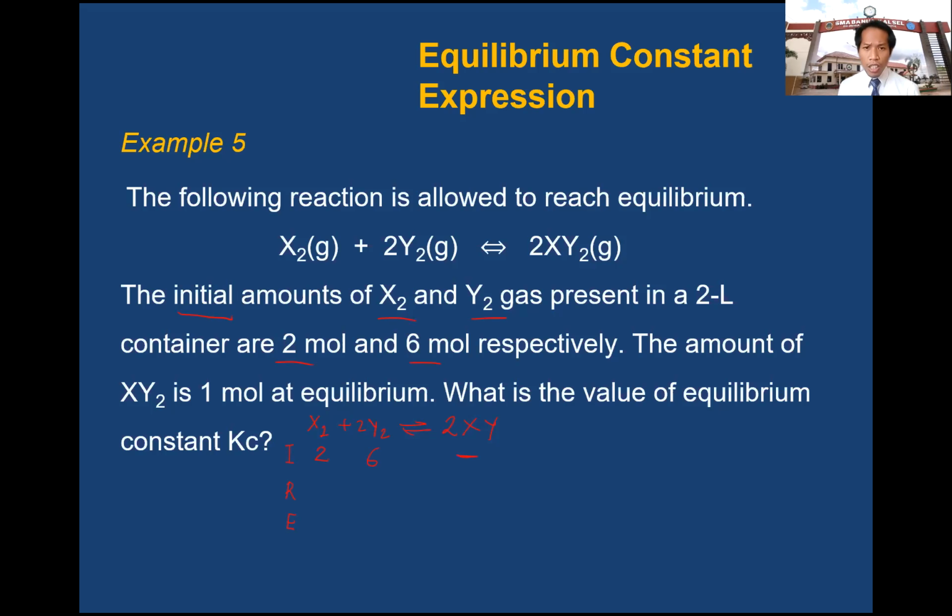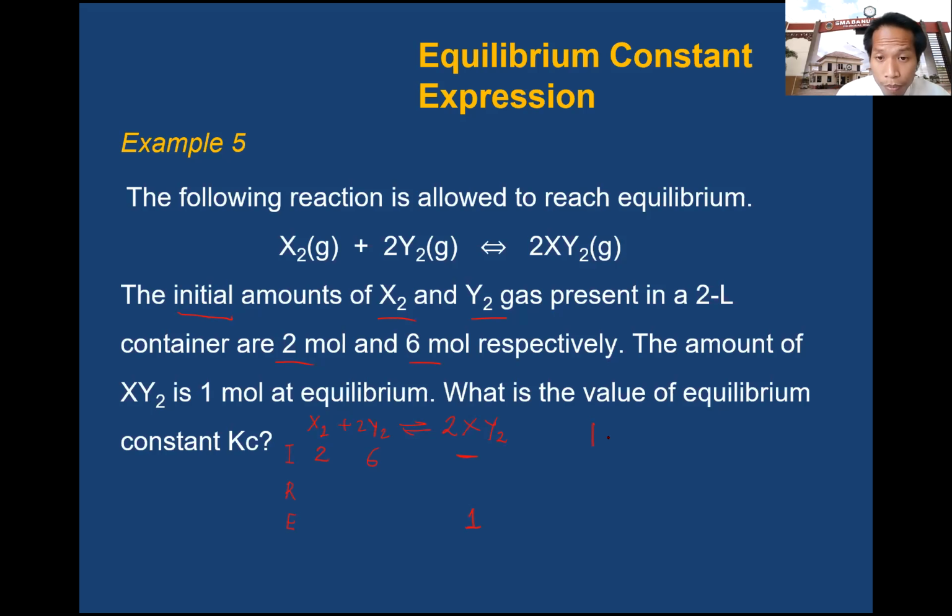When it is initial, the reaction has not started, so there will be no product. Okay, and then the amount of XY2 is 1 mole at equilibrium. So I could write here at equilibrium XY2, it is 1 mole. So this matrix shows that at equilibrium, XY2 is 1 mole. Now the question is, what is the value of the constant Kc?